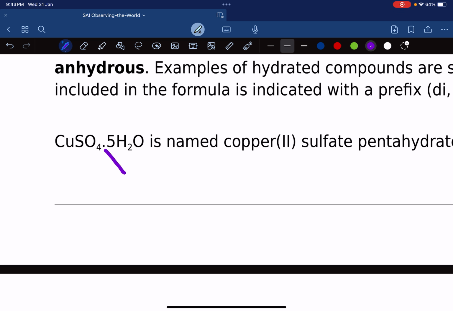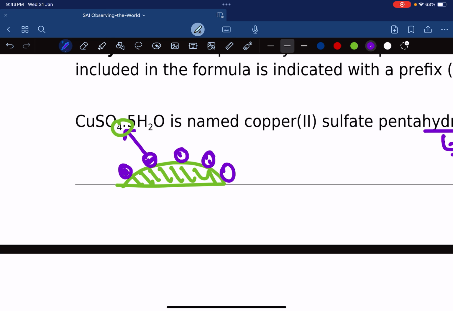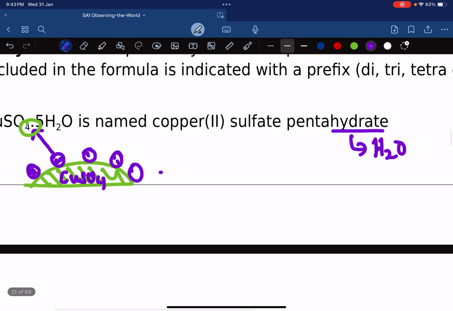If you heat this up, just like standing under the sunlight, the water can evaporate. The copper sulfate will remain dry and all of the water will be evaporated off. This is what this dot means.